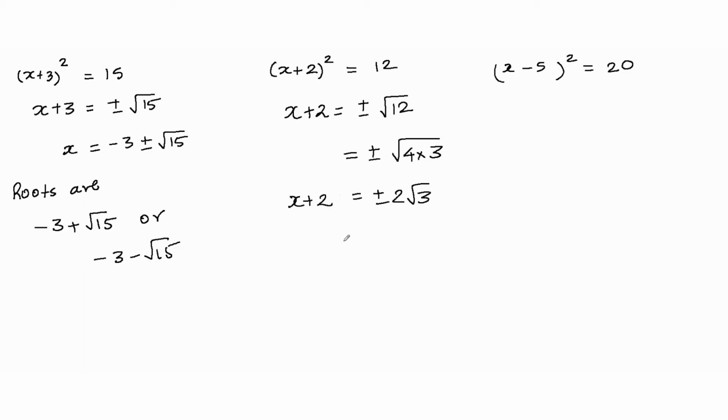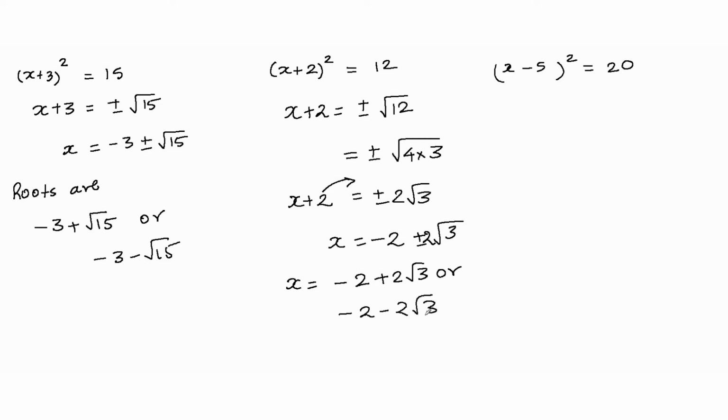So we have x plus 2 equals plus or minus 2 root 3, which means x is minus 2 plus or minus 2 root 3, like transposing 2 to the other side. By the way, I should have written it as 2 root 3, not 23. So it is 2 root 3 here. And therefore I can say that my roots are x is either -2 plus 2 root 3, or it is -2 minus 2 root 3. These are the two roots that are possible.